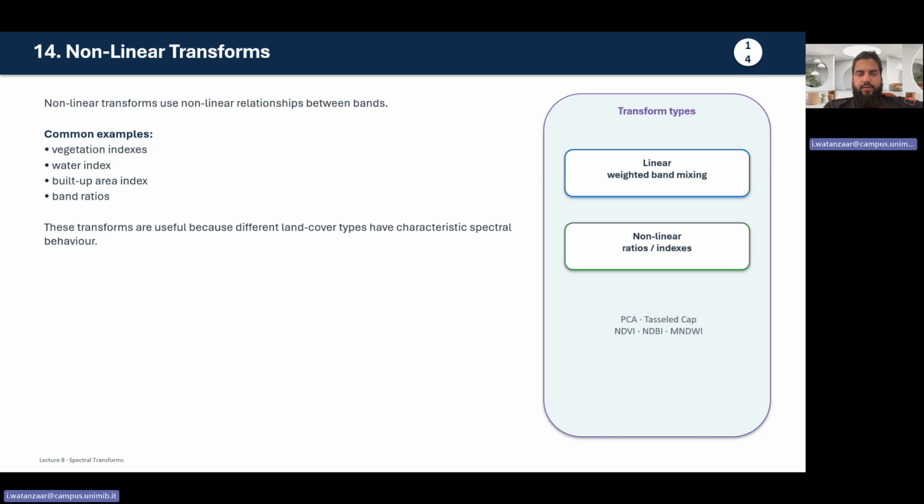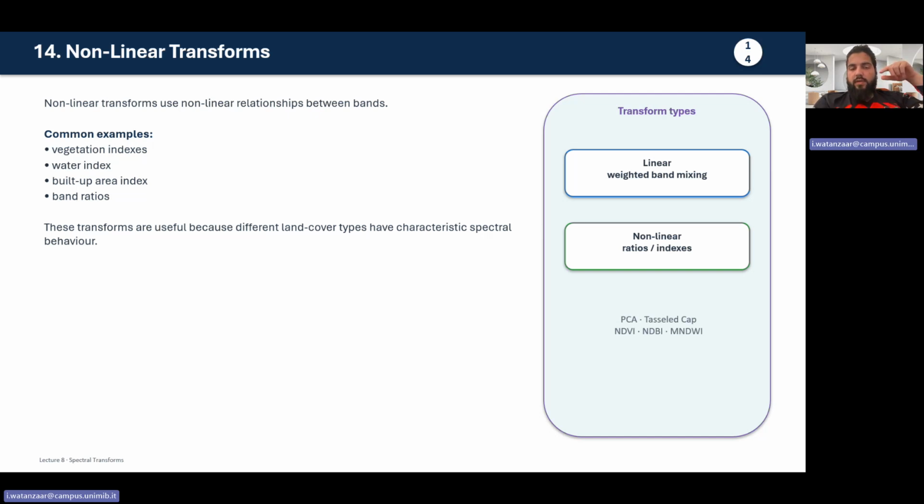Nonlinear transforms. So far we discussed the linear transforms. Now we start nonlinear transforms. In nonlinear transforms, you use nonlinear relationships between the bands. So far we have been using matrix coefficients as weights in the linear transforms, but the nonlinear ones use nonlinear relationships between the bands.